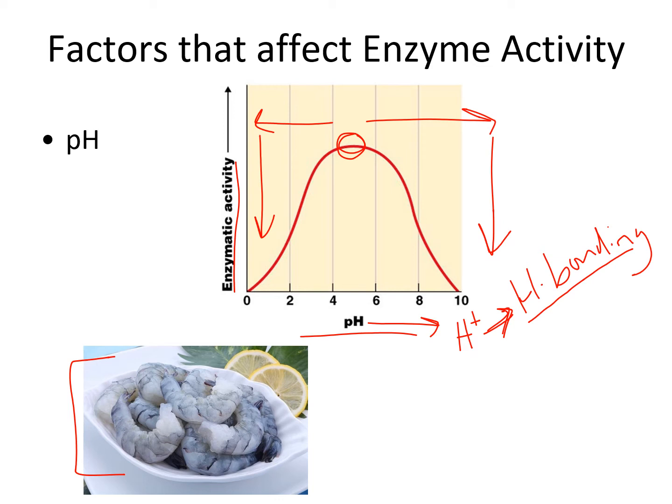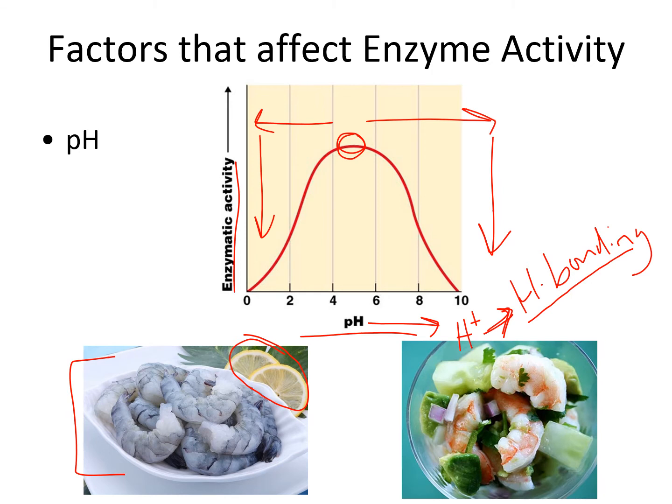Well, another way to sort of cook shrimp is to mix the shrimp with an acid, like lemon juice or lime juice. And when you do that, the shrimp ends up looking as if it is cooked. That's because the acid is denaturing the proteins the same way heat would.